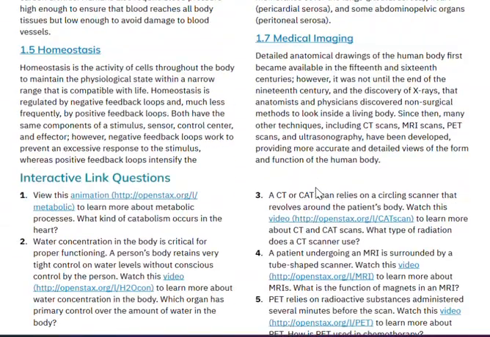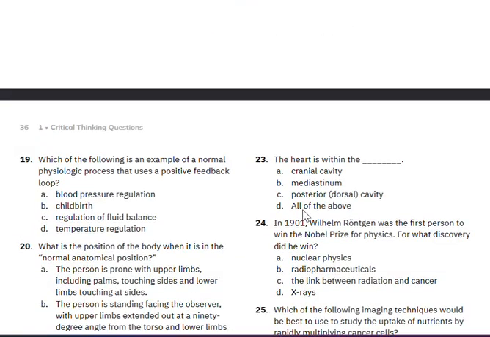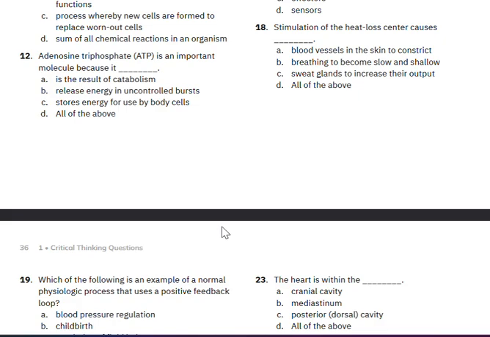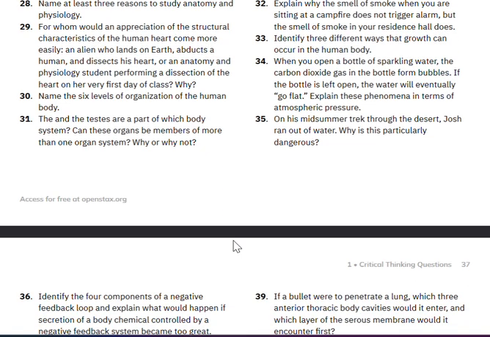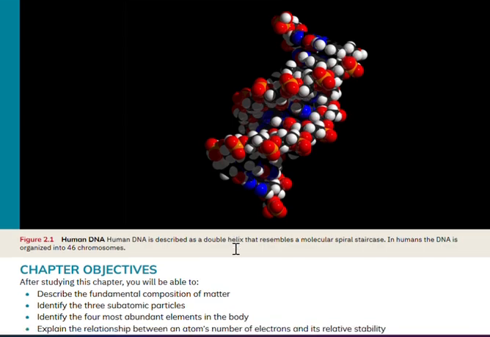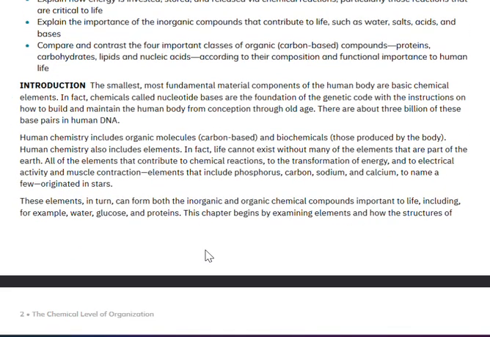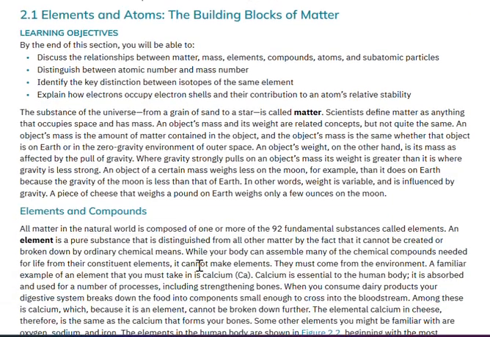These are some of the few questions here. Okay, well, that's chapter 2. You most likely will have chemistry at this point, because I remember you've got to have chemistry, it's a prereq.